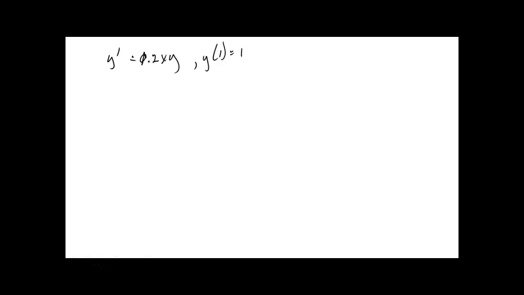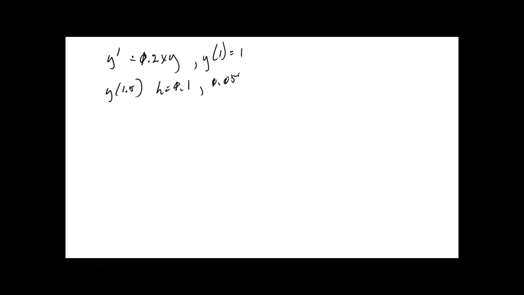Use Euler's method to obtain an approximation to y of 1.5. Okay? That means some steps there, and we'll use h of 0.1 and then 0.05, just like we did before.